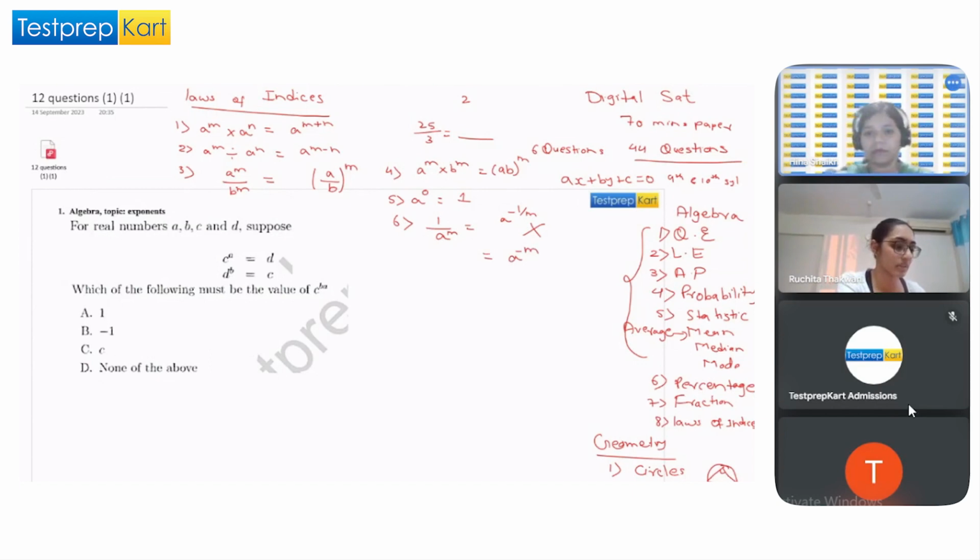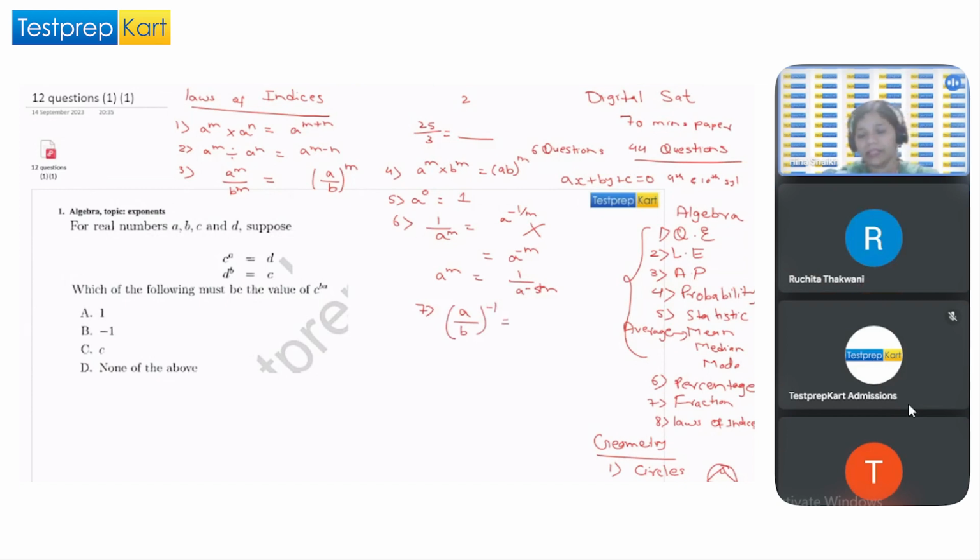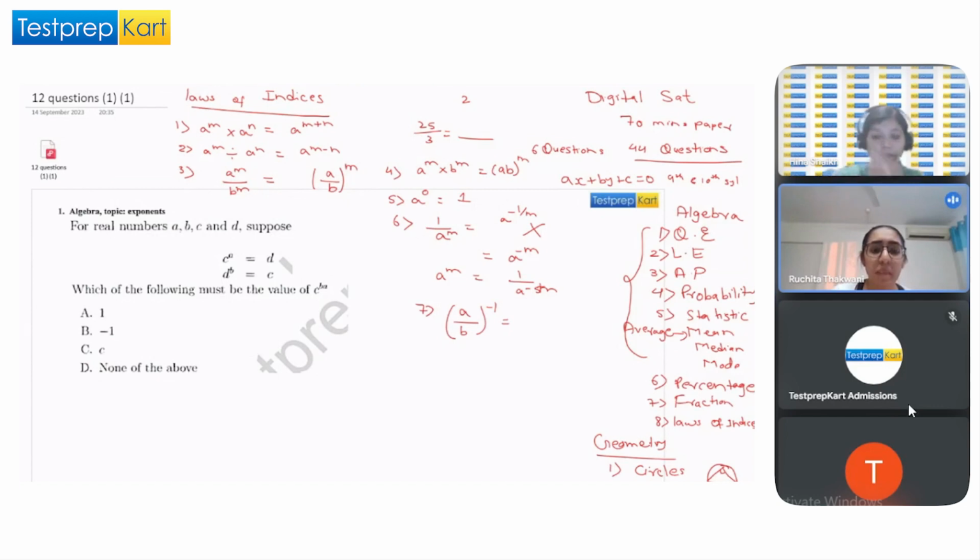Or you can write a raised to m as 1 upon a raised to minus m. And suppose we have a by b raised to minus 1. We can change it to b upon a.